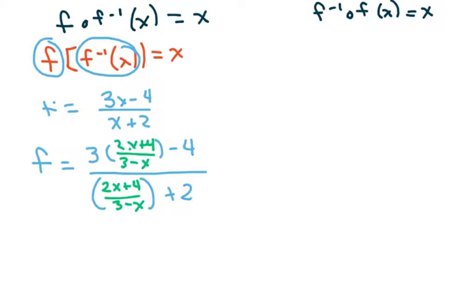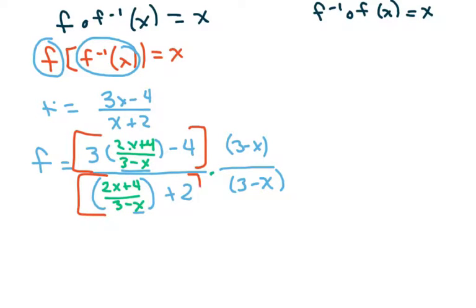Now this is where the problem comes in, and all we're going to do is a little trick and multiply by the denominator here. So we're going to multiply my numerator and my denominator by 3 minus x. As long as I do it to both the numerator and the denominator, I'm not changing it, I'm just helping solve this. So I'm going to distribute here. When I distribute for the numerator to the first piece, the 3 minus x cancels out.